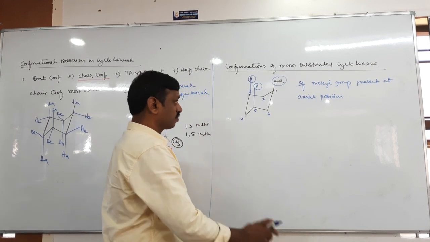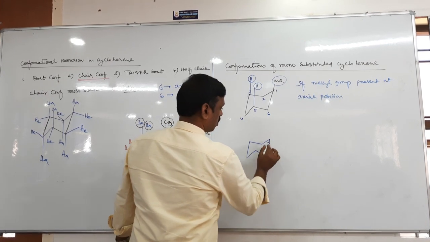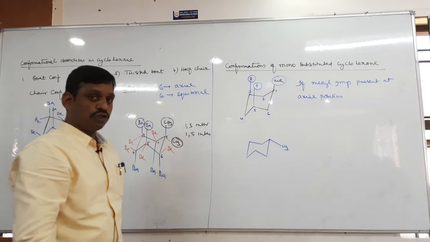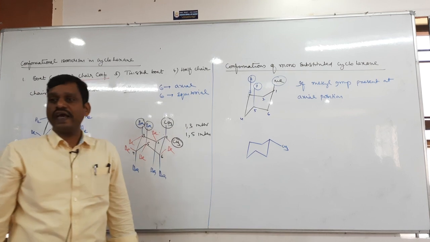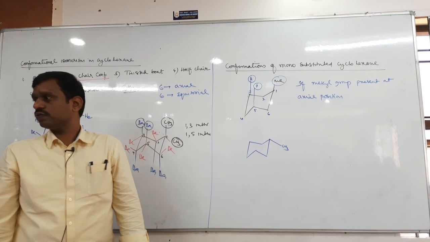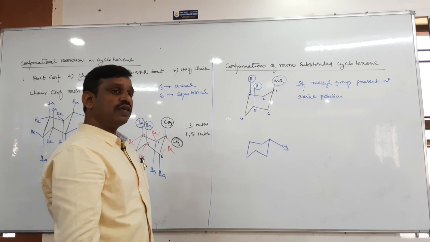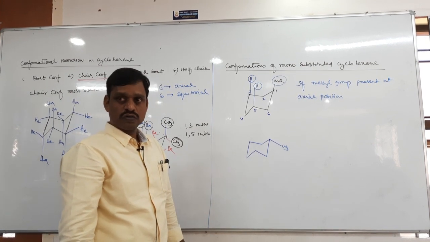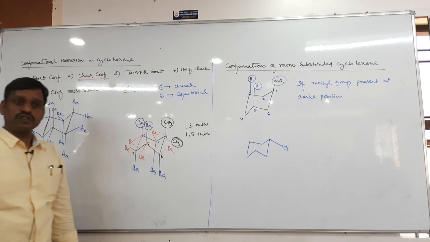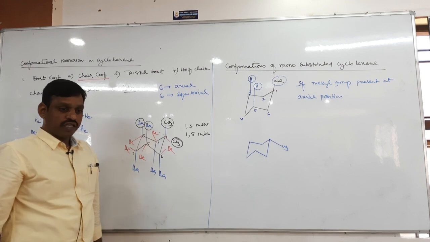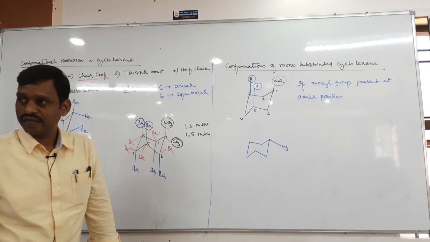But if it is present at an equatorial position, it does not have any interaction from other hydrogens. Therefore, a methyl group present at the equatorial position is more stable than the axial position.